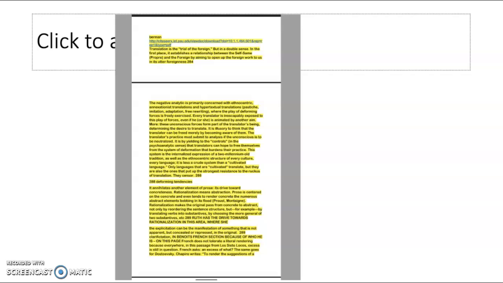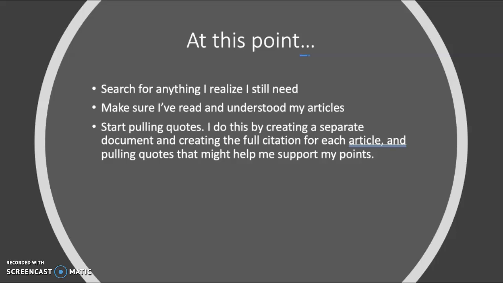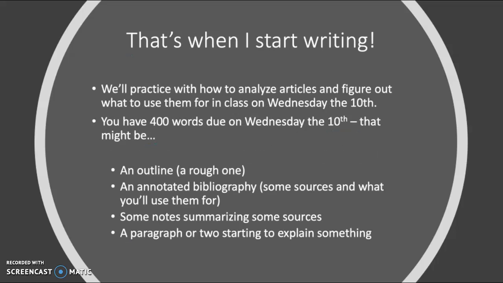So that ends up looking a little bit like this. The color coding is a little crazy here, but I pull long quotes so I can just copy and paste whichever little sections are helpful later, so I've already done that work for myself. And make sure as you go through to keep track of which article each quote is coming from, so keep up with the inline citations. So I do all of that before I start writing anything.